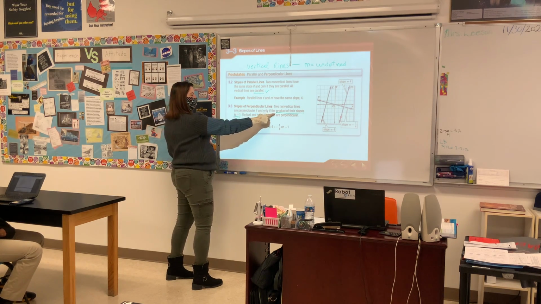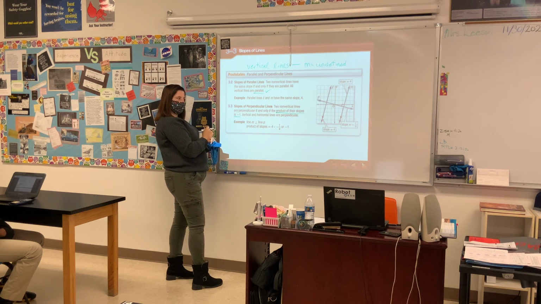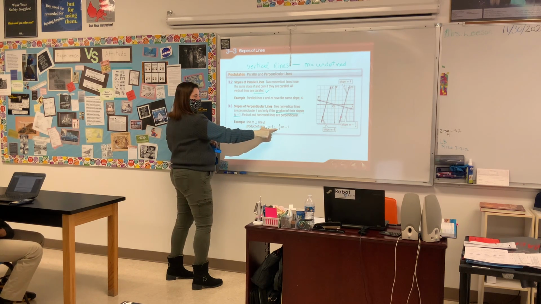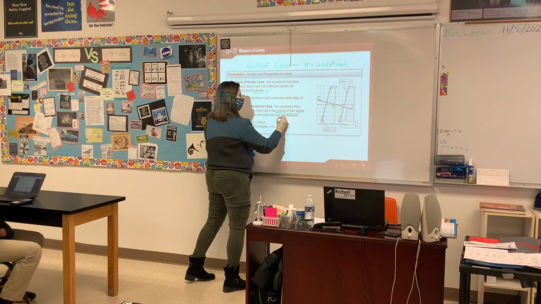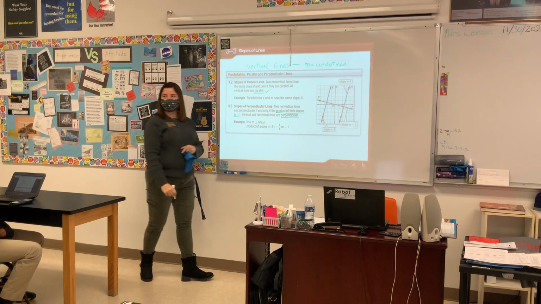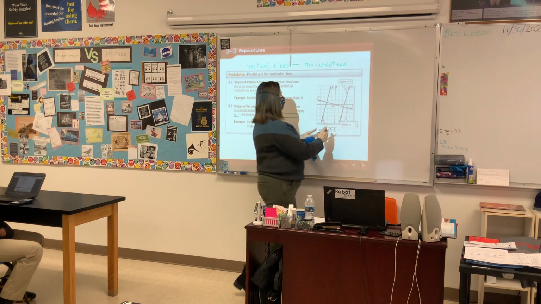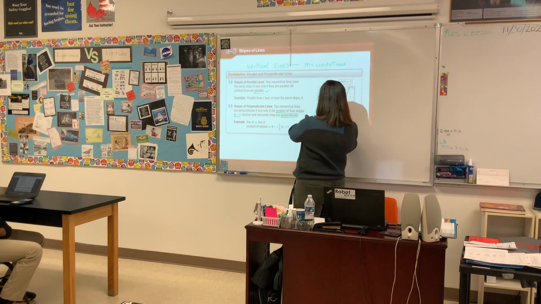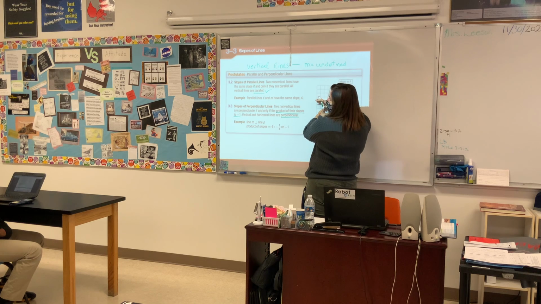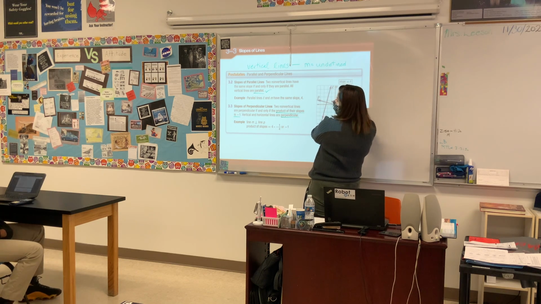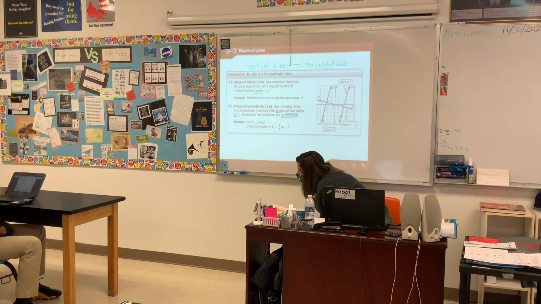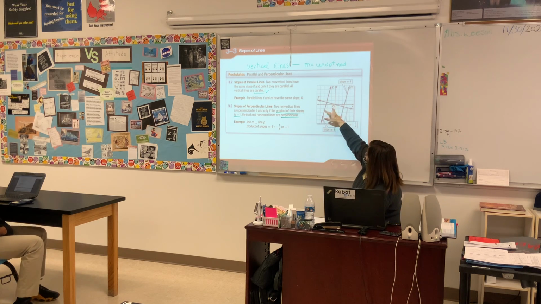If I take the product of their slopes, because they're different, and I multiply them and I get -1, then I know that they're perpendicular. And so that's what we have here. These are parallel, these are perpendicular, and therefore these are perpendicular. If one of the parallel lines is perpendicular to the transversal, so is the other.